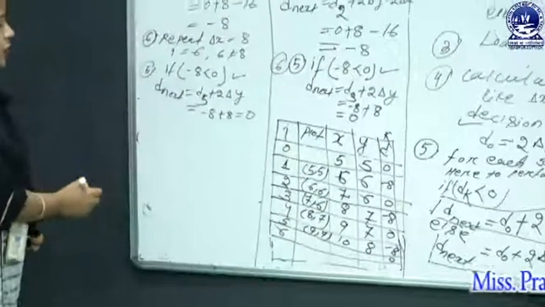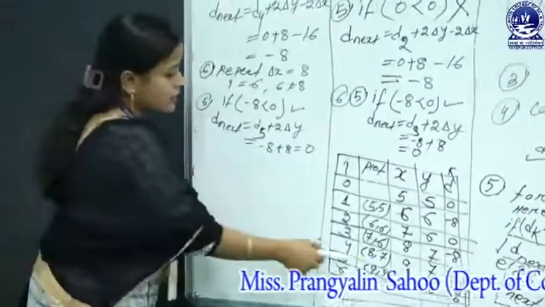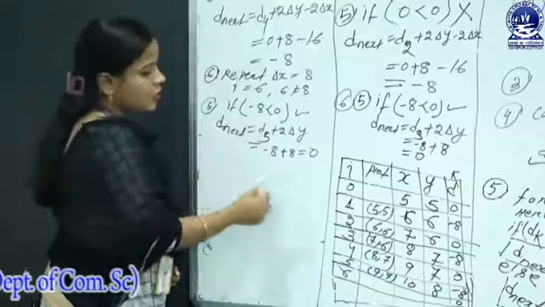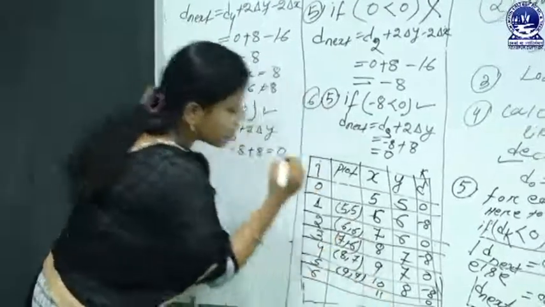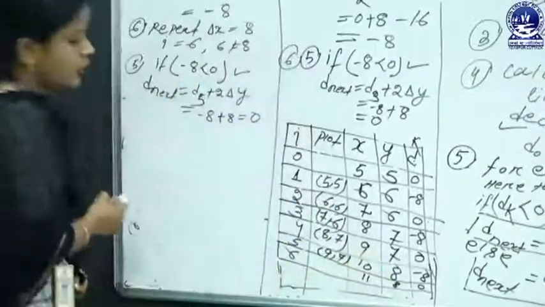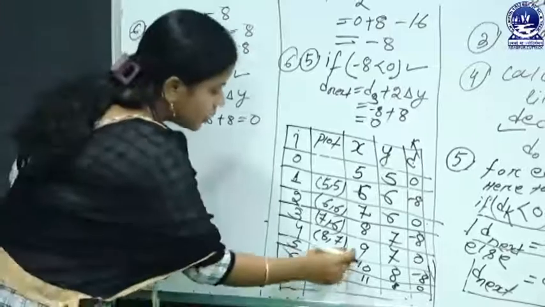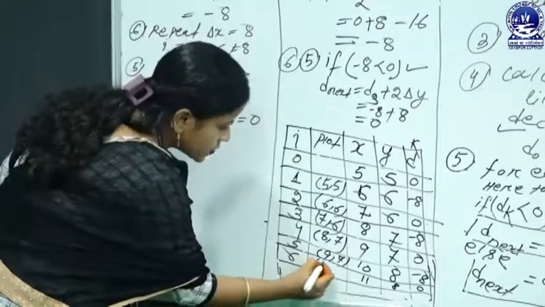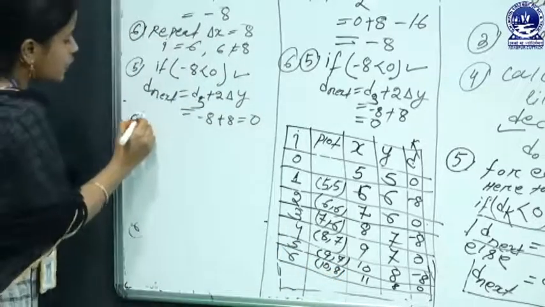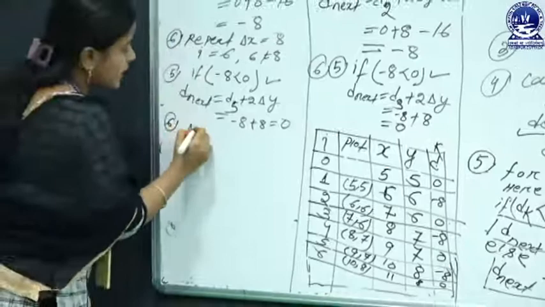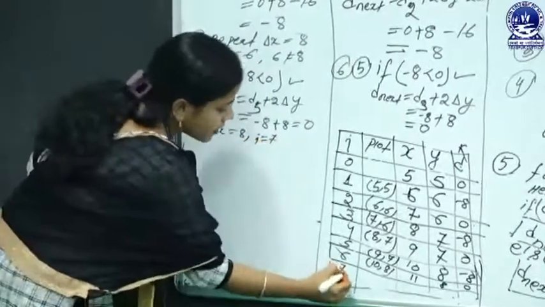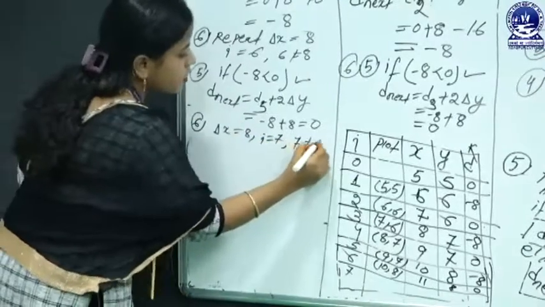After that, in this case when it satisfies the if condition, the x coordinate is incremented by 1 unit, but the y coordinate stays constant. Then you have to plot the given pixel point by using the previous pixel element, that's 10, 8. Then again it goes to step 6. Now delta x equals 8, but the counter is 7. As we know, 7 is not equal to 8.